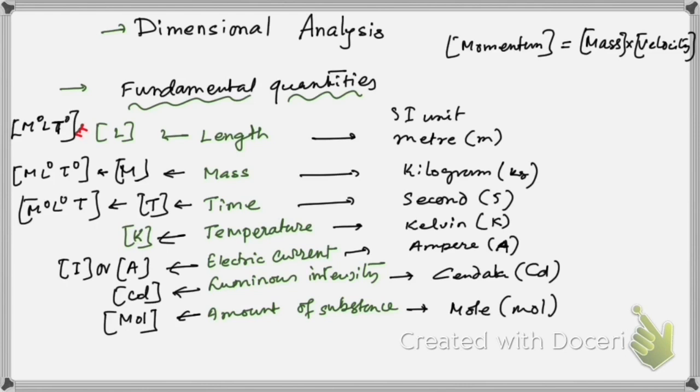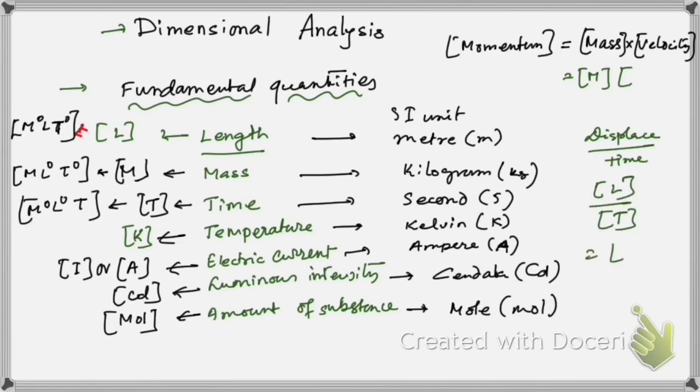Or you can find it from the SI unit as well. For mass we write M, and for velocity, you can use displacement by time. Displacement is a length, so its symbol is L, and time is capital T, or you can simply write this as L T to the power minus 1, right?